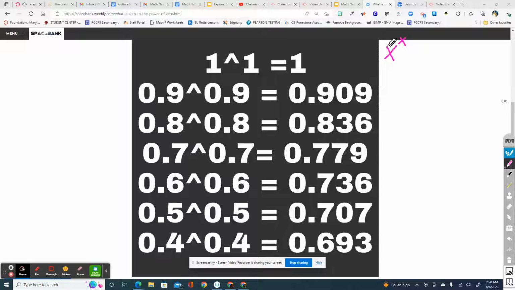We are using the limit concept, and we are going to be picking numbers right here that are values getting closer and closer to 0, and we are going to see whether or not our answers on the right side are getting closer and closer to 0 or to 1. 1 to the power 1, that's 1. If you go down, 0.9 to the power of 0.9 is 0.909.